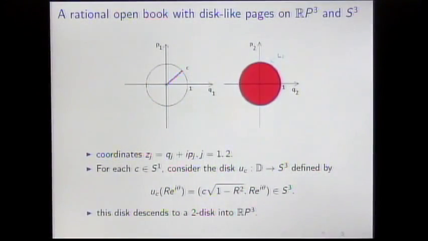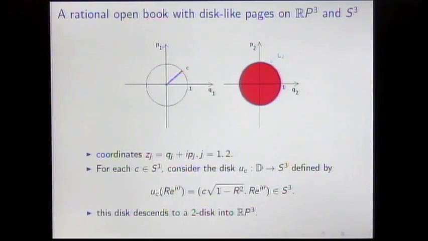And here is the picture, where we define such maps, disk maps, into S3. For each c, an element of S1, you can define this map here, and this is the picture of the projection of such maps in both factors of C2.